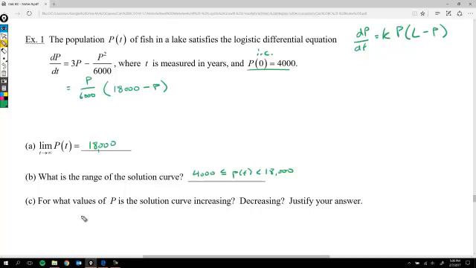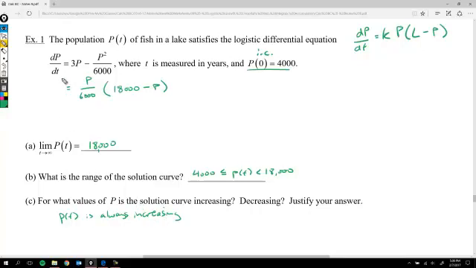Next I'm asked for what values of P I am increasing or decreasing, and then to justify. Well, I know that P of t is always increasing. How did I know that?